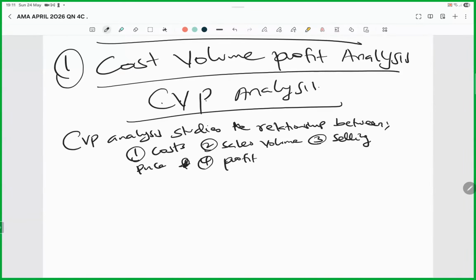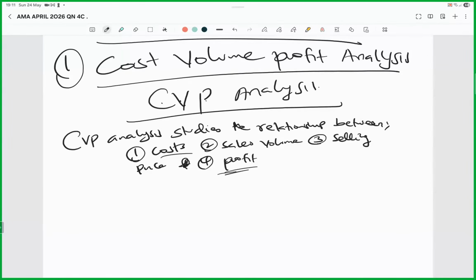We shall be looking at the relationship between costs and volumes, between sales volume and profit, costs and profit. So anytime we are talking about cost volume profit analysis, we are looking at a relationship between these factors.